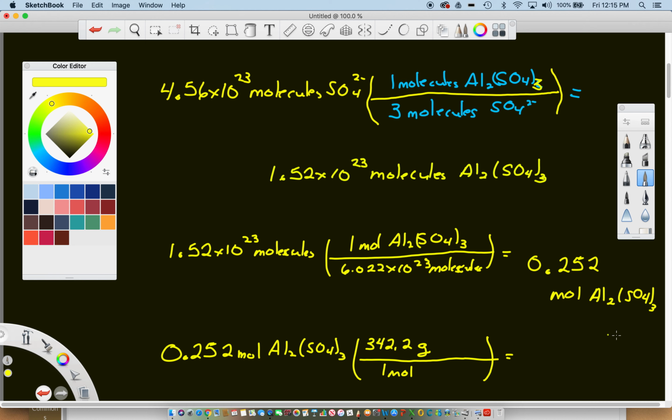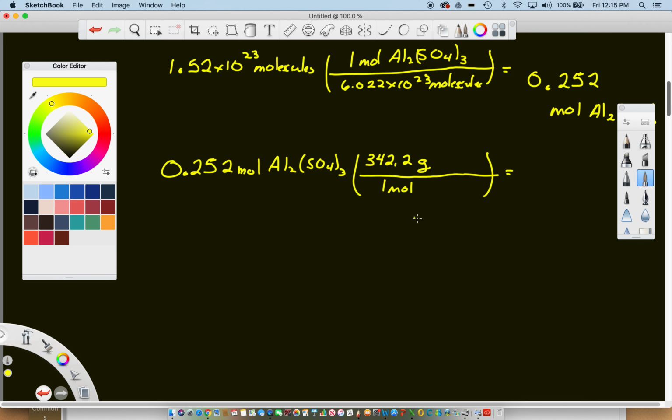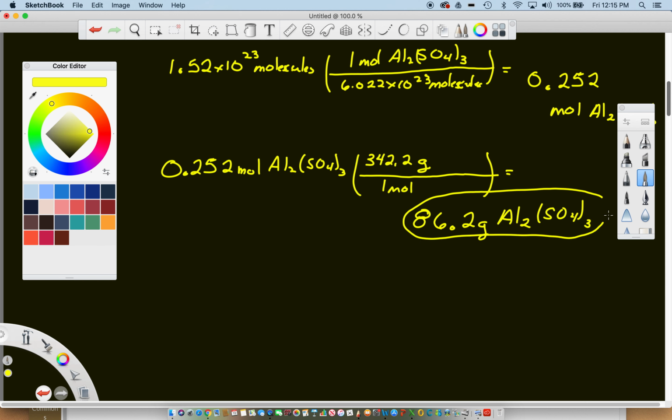And our mass comes out to be 86.2 grams of aluminum sulfate. And that would be how to work the problem one way.